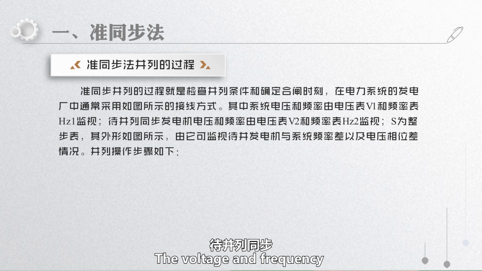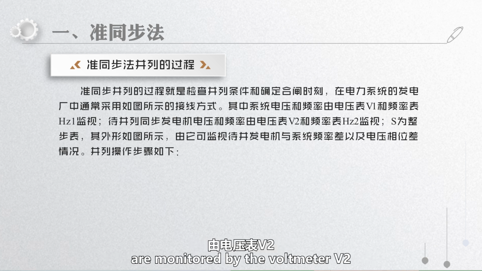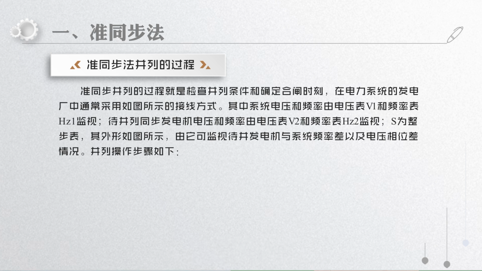The voltage and frequency of the generator to be synchronized are monitored by the voltmeter V2 and the frequency meter HZ2.